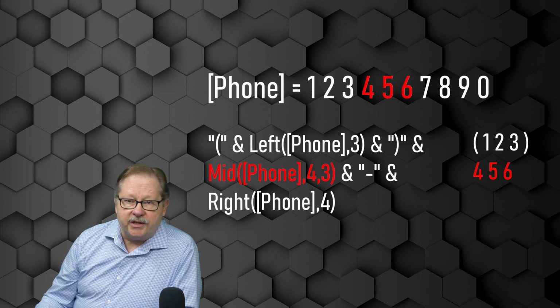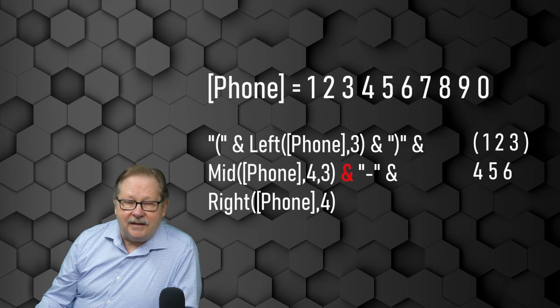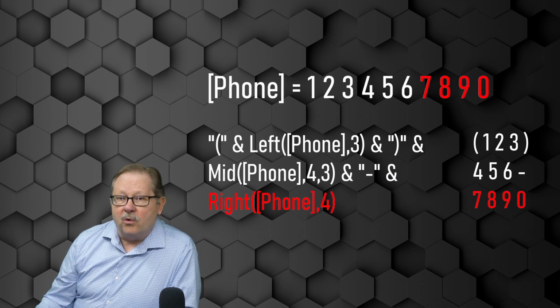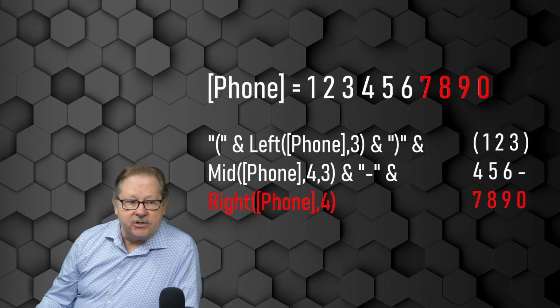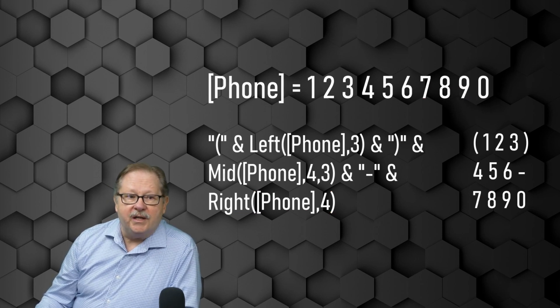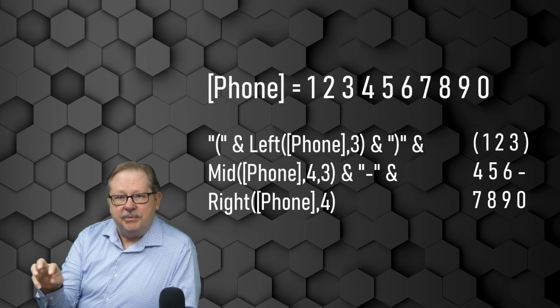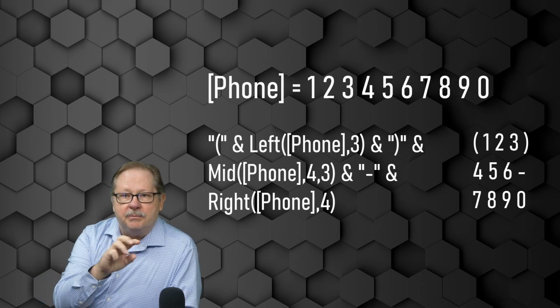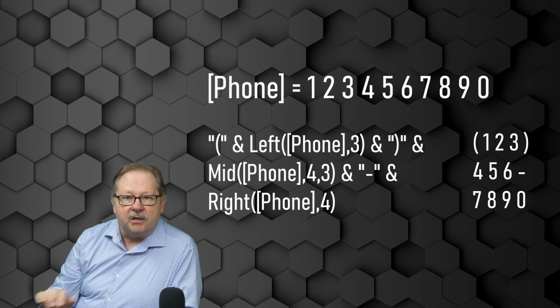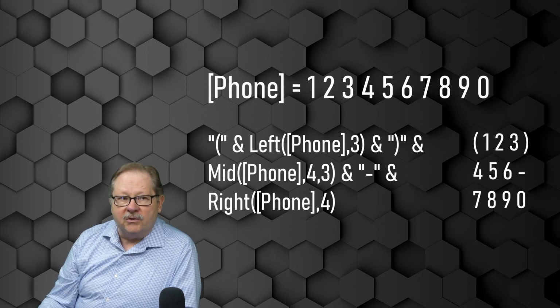We're going to start at the 4th character, 1 character past the area code, and go for 3 more characters. Then we're going to concatenate that, and in double quotes, put a dash, and then concatenate the right of the telephone number, or the last 4 characters. So a left string, mid string, and right string function in order to tweeze out the pieces, and then we're manually putting in those extra parts that we want to make it look like a good phone number.